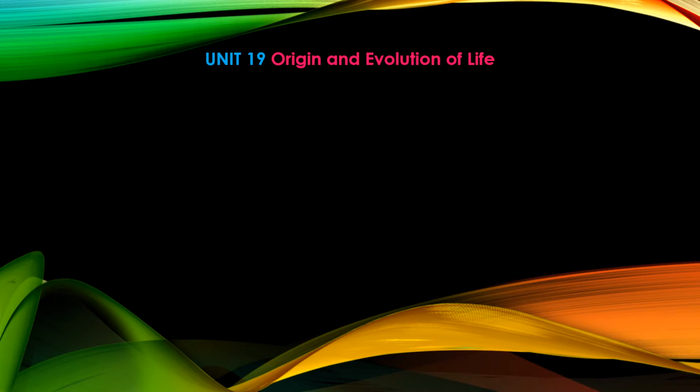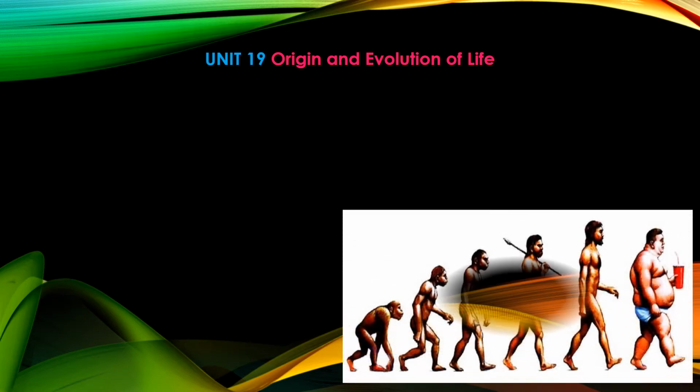That is Unit 19. Living organisms possess distinct characteristics and display organizational and functional unity. They have two mechanisms: the first one is origin, the second one is evolution. They show diversities and maintain a balanced relationship with nature.